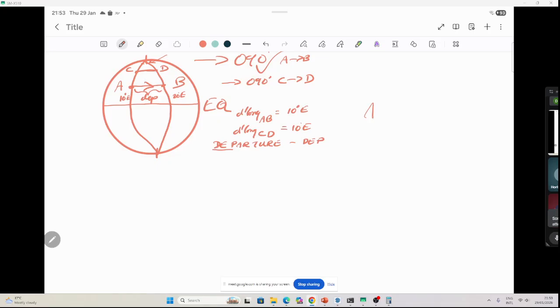That means AB departure is not equal to CD departure, because that is the actual distance traveled in nautical miles. Are we clear? Sir, please repeat again.